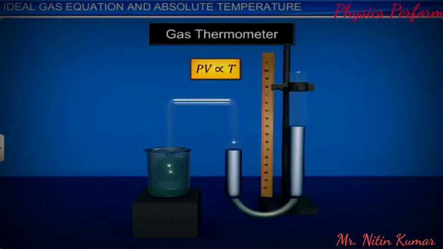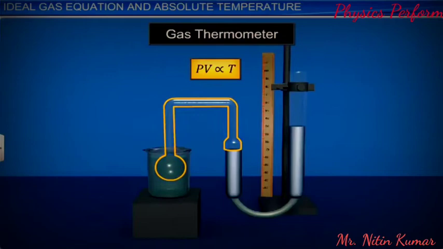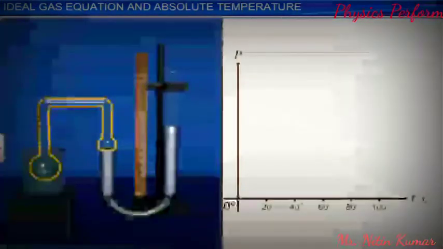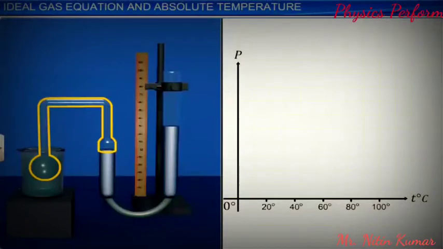Since PV is directly proportional to T, when the volume of a given sample of gas is constant, its pressure changes linearly with the temperature of the gas. When a graph is plotted between pressure and temperature, a straight line is obtained.